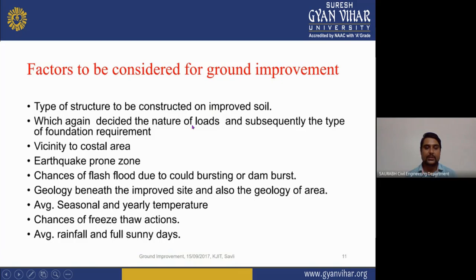Vicinity of coastal area, earthquake prone zone, chances of flash flood due to bursting of a dam. Geology of the site, geological area, average seasonal and yearly temperature, chances of freeze thaw action, average rainfall and fully sunny days.